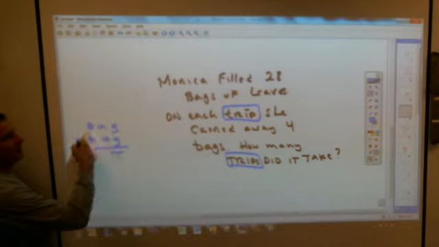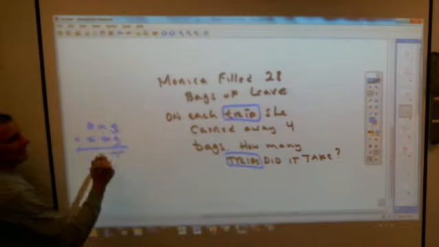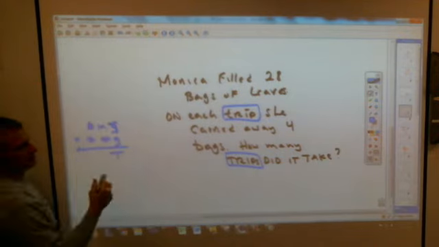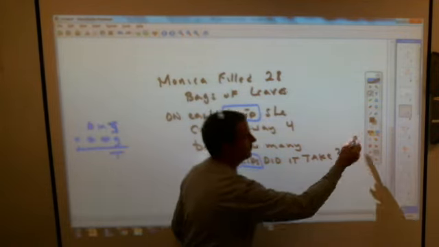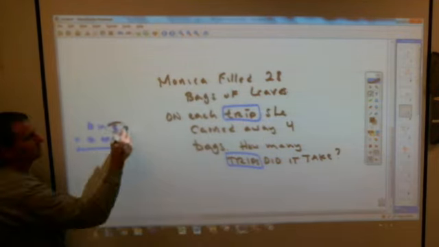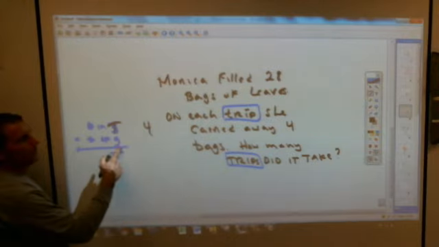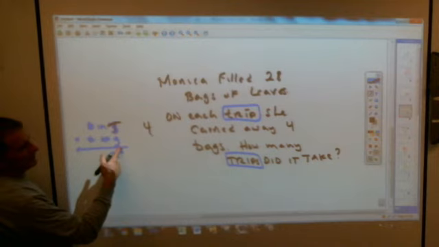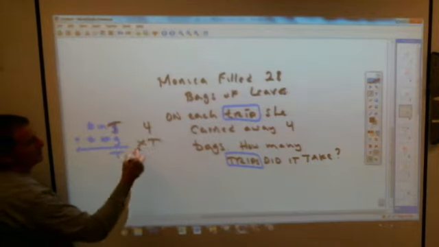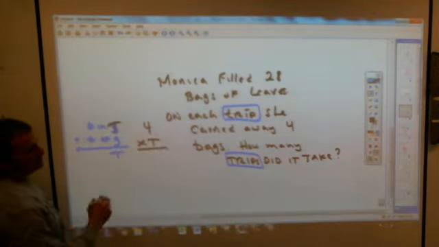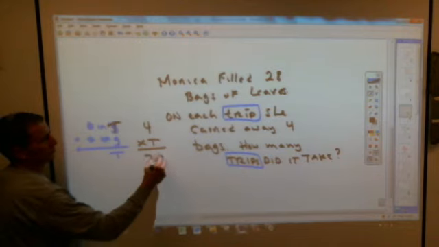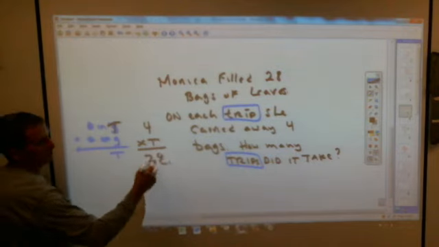Do we know how many are in each group, or how many we take in every trip? Yes, what is it? 4. There you go. Do we know how many trips we're taking? Nope, so we put the letter T there. And then we get a total number of 28 bags in all.